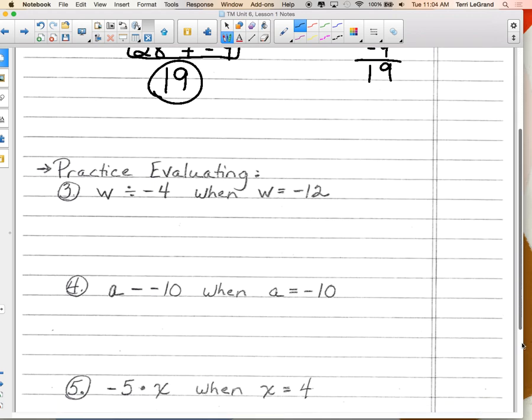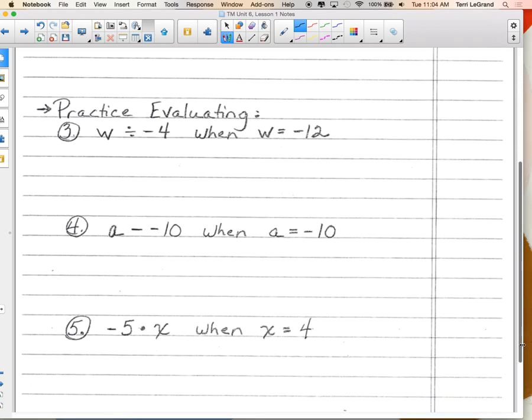We're going to practice evaluating now. If they give us an algebraic expression, and then they say we want you to let the variable be this, we're going to substitute. So right here it says W is going to equal negative 12. Underneath the W, we'll replace W with negative 12.